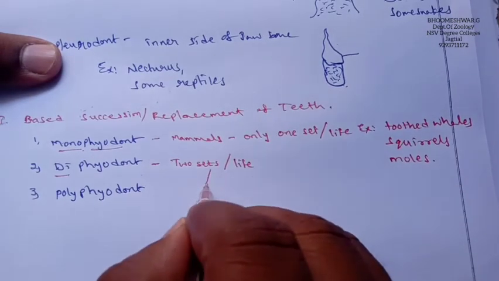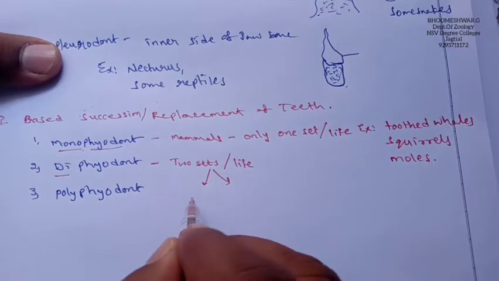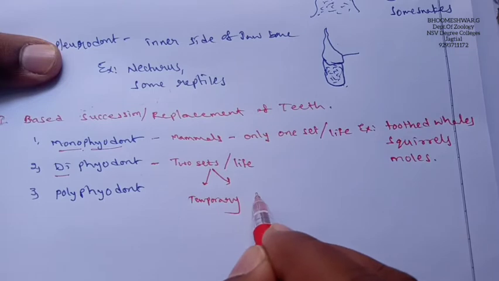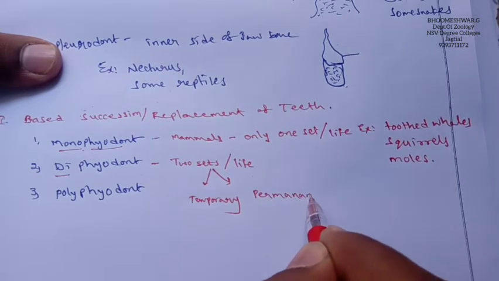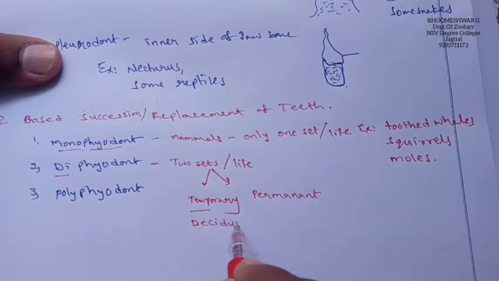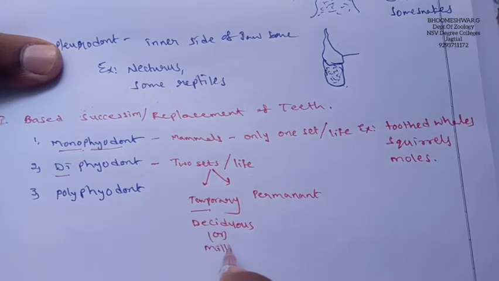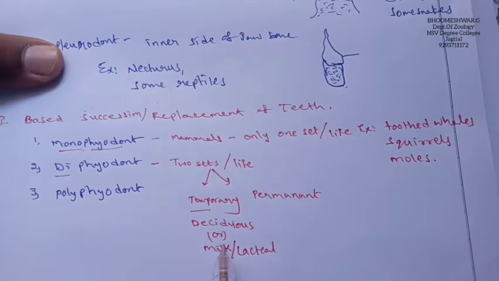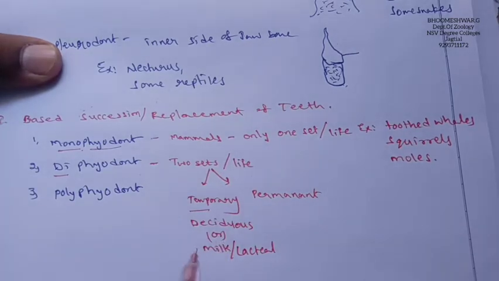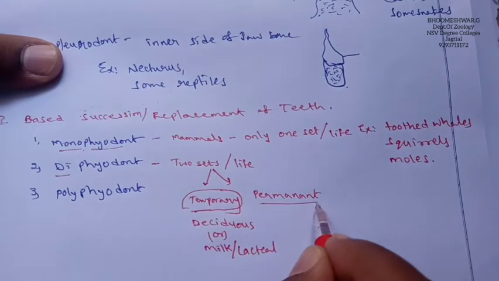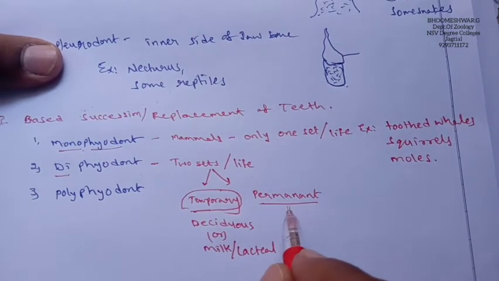In these two sets, the first set of teeth is named temporary teeth, and the second set is named permanent teeth. The temporary teeth are also named deciduous teeth, milk teeth, or lacteal teeth. These lacteal teeth are degenerated and replaced by the second type of teeth, called permanent teeth.